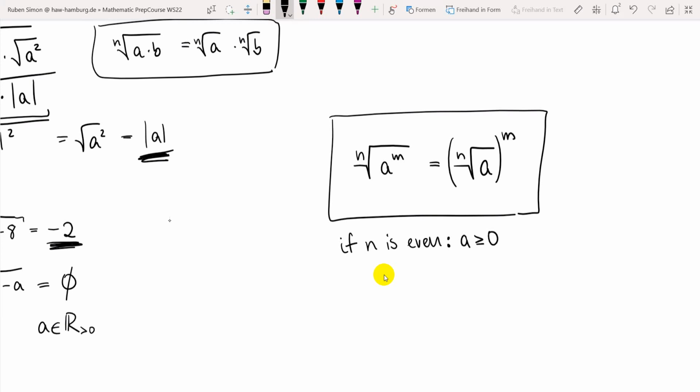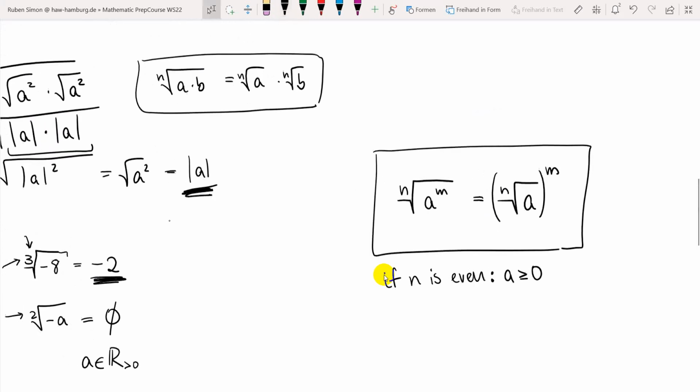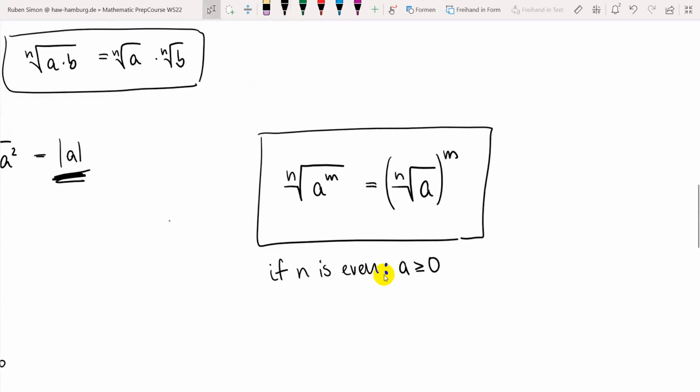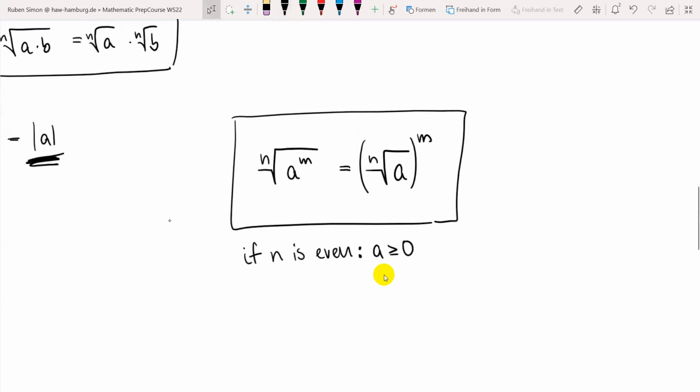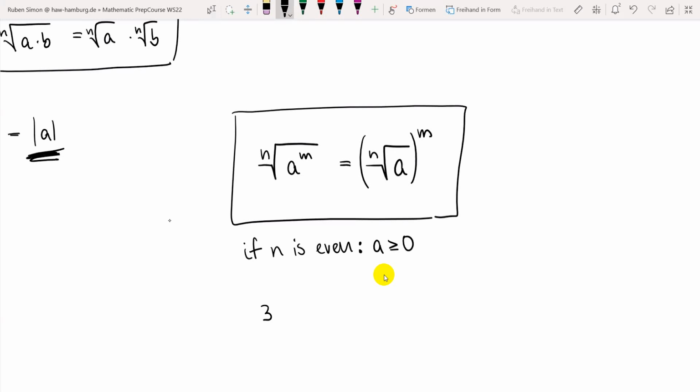Okay, so what does this mean? For example, where is this not applicable? If you think of something like the third root out of -2 to the power of 4, some of you would think of rewriting this as the third root out of -8, and this whole thing to the power of 4.